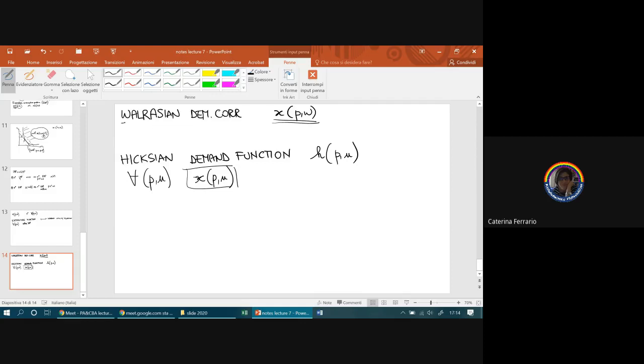So remember that the dual of the Walrasian demand correspondence is the Hicksian demand correspondence. This is for the expenditure minimization problem, and this is for the utility maximization problem.